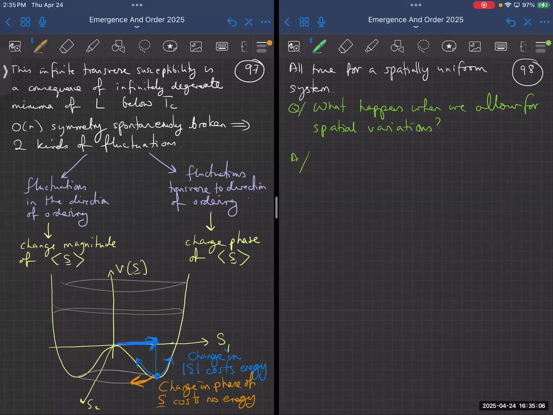These modes which are gapless, as the wave number goes to 0, are called Goldstone modes.